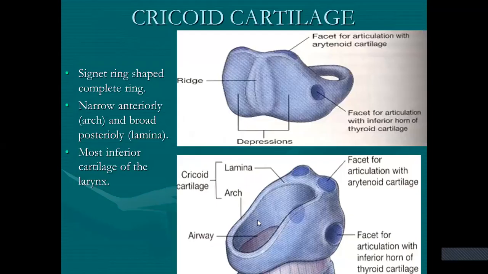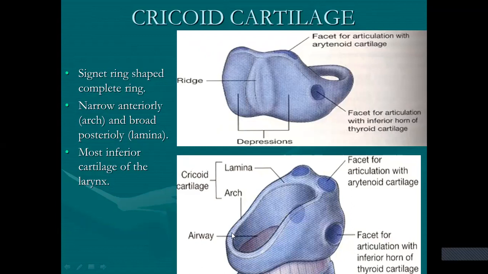So if you see here in this diagram, the anterior arch, it presents upper and lower borders. This is upper border and lower border, outer surface and inner surface. Okay. So upper border, it gives attachment to the cricovocal membrane.